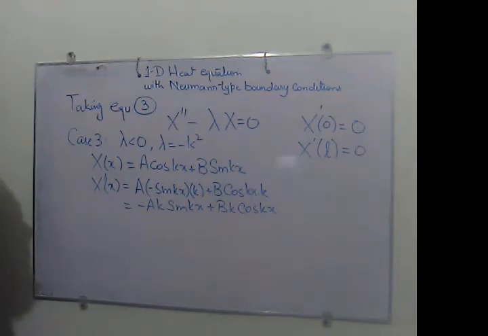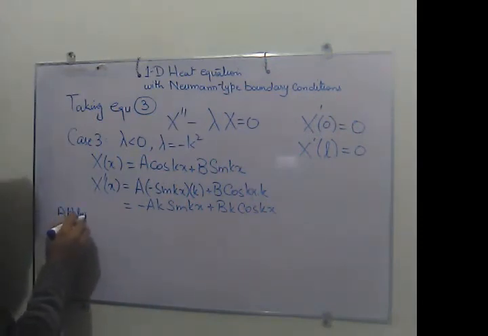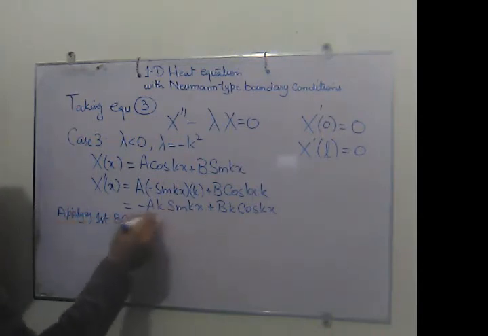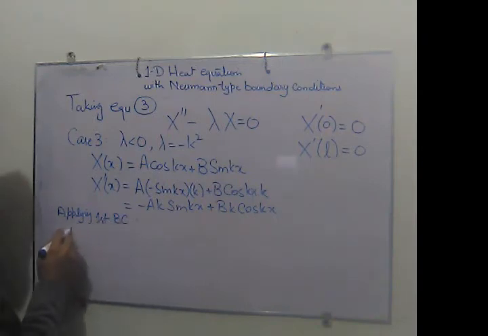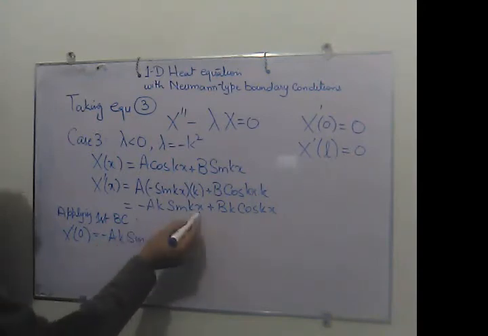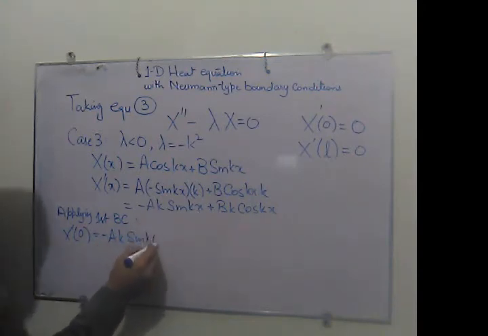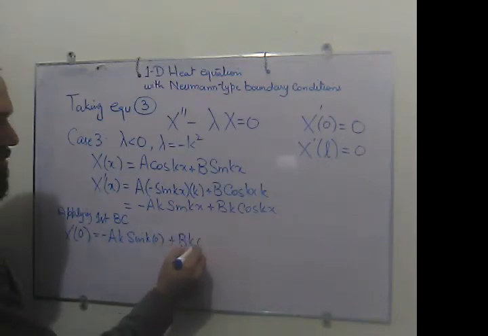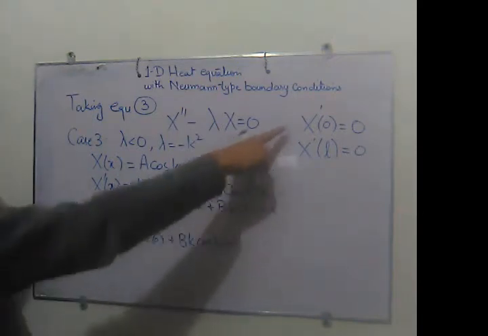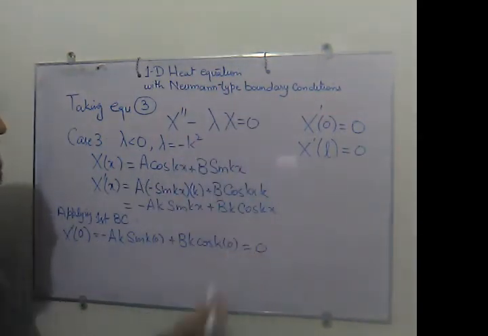Now we can apply the boundary conditions. So we apply the first boundary condition in the general solution. So x dash of 0 would be minus a k sine, so we place 0 in place of x, plus b k cos k into 0, and this x dash of 0 by the boundary condition will be equal to 0.